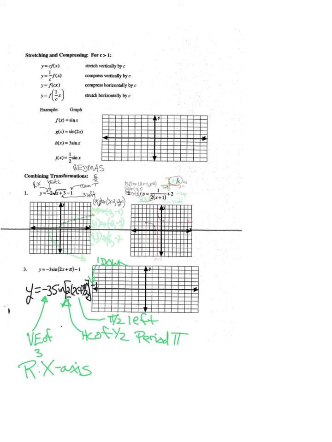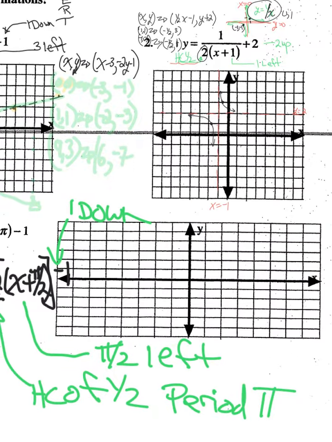Okay, so let me try to zoom this in for you, and we'll try to do that graph. First of all, let's realize that we have an amplitude of 3. So my amplitude is equal to 3, and my displacement is -1. So it's like I'm taking and centering.